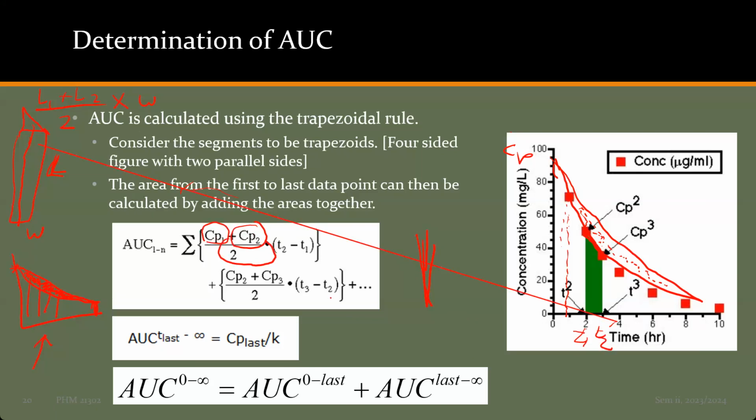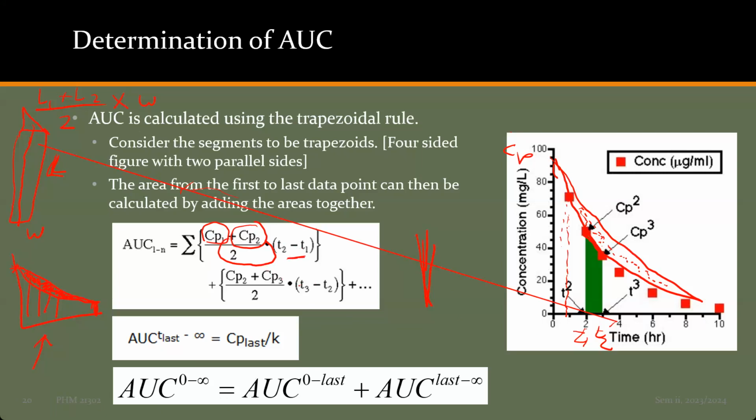So the distance between them is T2 minus T1. This is not negative actually, so you can just say T1 minus T2. Okay, just the distance between them, the absolute value, the positive value.